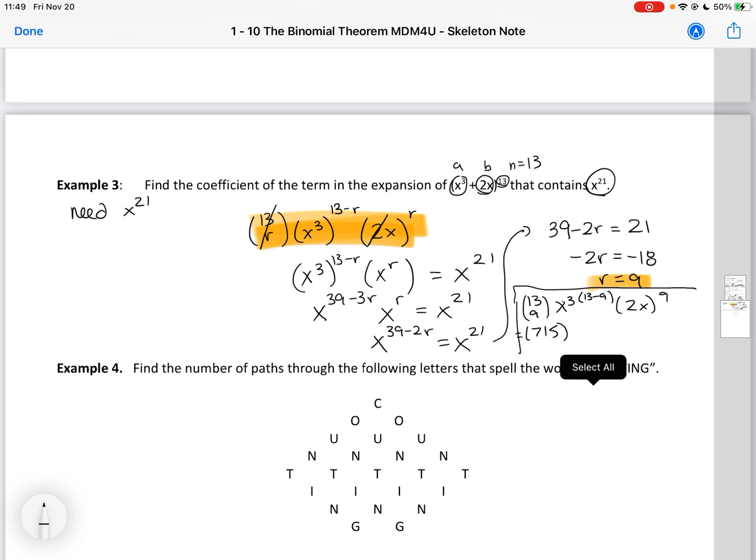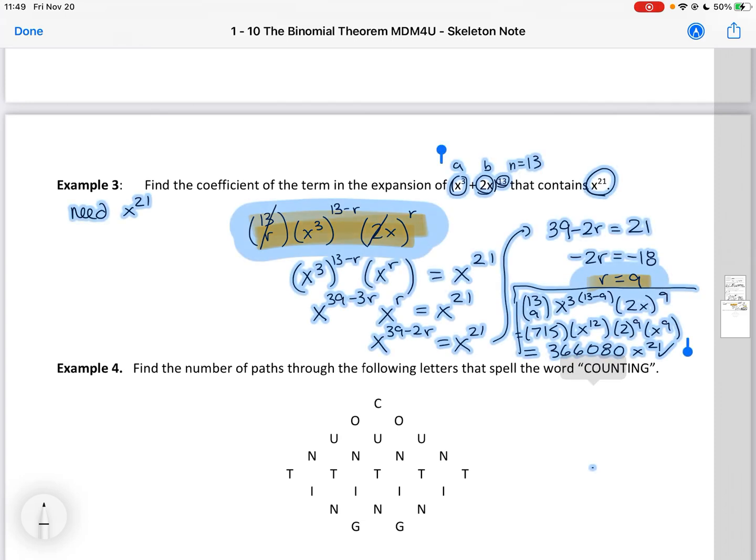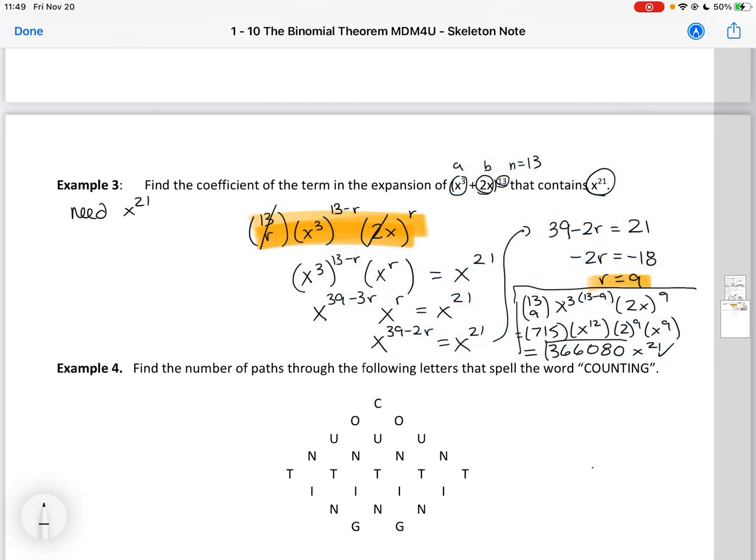This is going to give me 715 times x to the 12, and then I've got 2 to the 9, and then x to the 9. So multiplying those all out together is going to give me 366,080 x to the 21, which is what I'm asked for. And so that means that my coefficient is just the number that's right here.